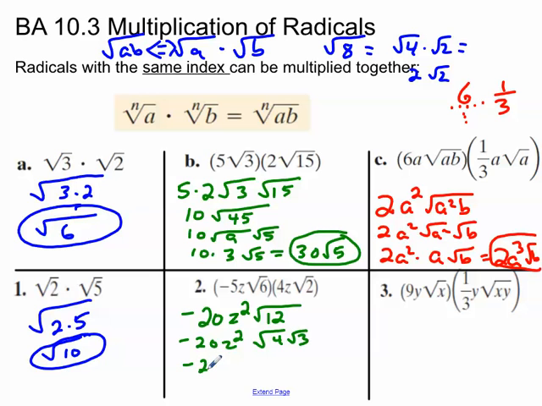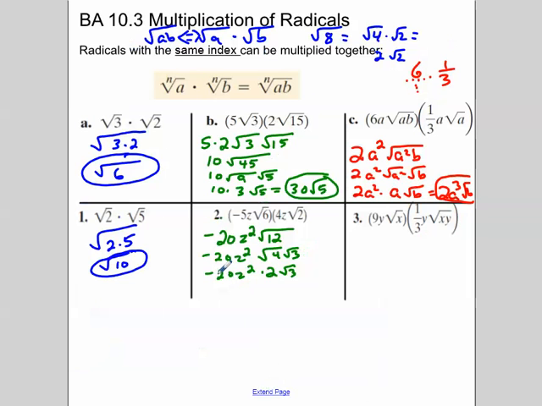Negative 20 z squared times 2 times the square root of 3 gives me negative 20 times 2, negative 40 z squared square root 3, still inside the house. Combine everything outside the house by multiplying, because it's all multiplication. Inside the house stays as it is.